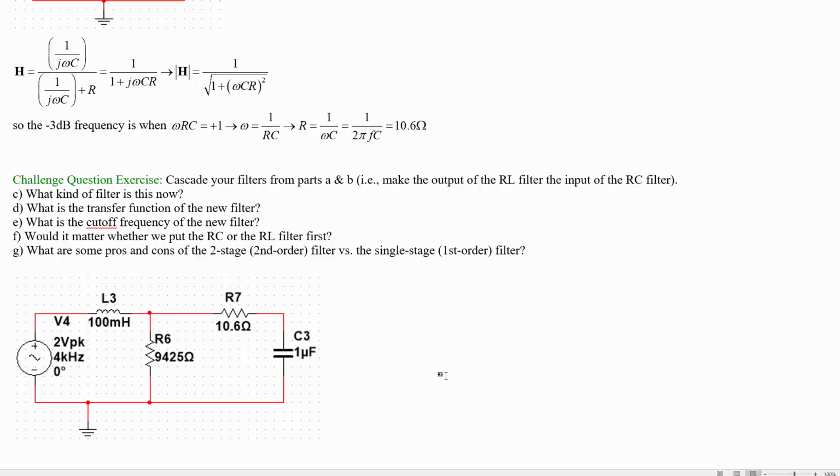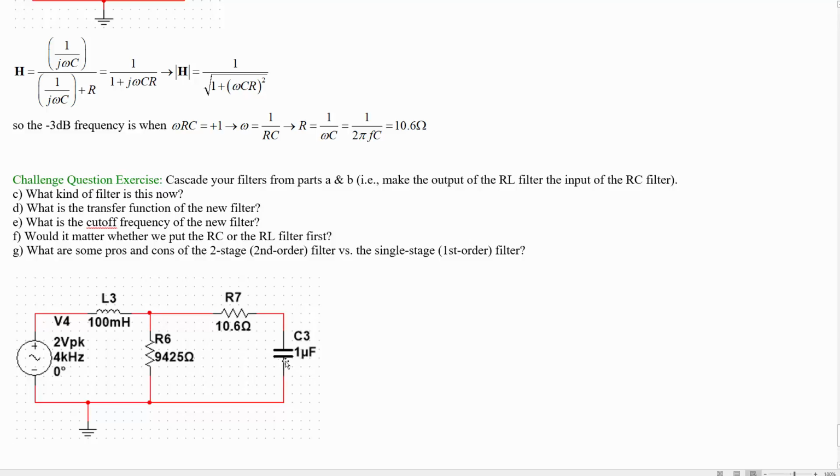First off, intuition about this: we are going to have this whole branch in parallel. For this branch, we've got a resistor value here, and then it's in parallel with this impedance. At low frequencies, the capacitor is going to make this infinite impedance, so we're just going to have this thing being affected.